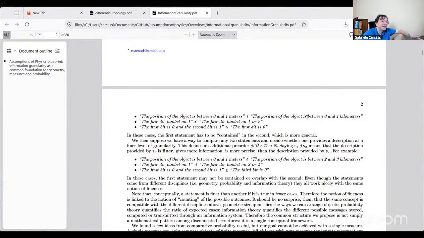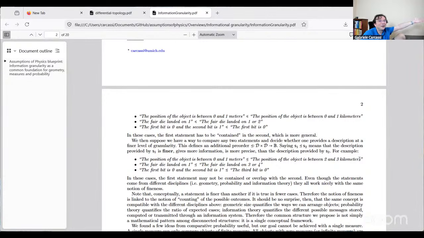So you can compare size with topology only if things are fully contained in one another. What you need instead is being able to say that between 0 and 1 meter is finer than the position is between 2 and 3 kilometers. So this gives you more information than this statement. That would be what the granularity thing is.